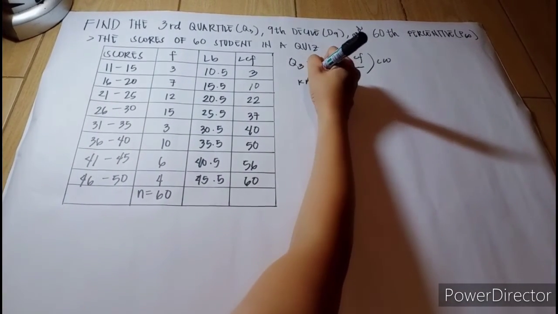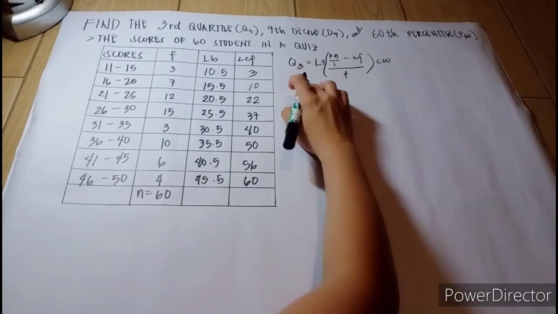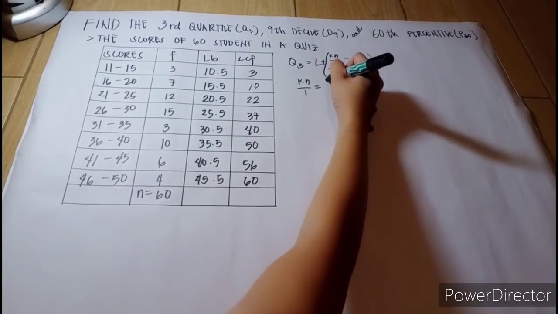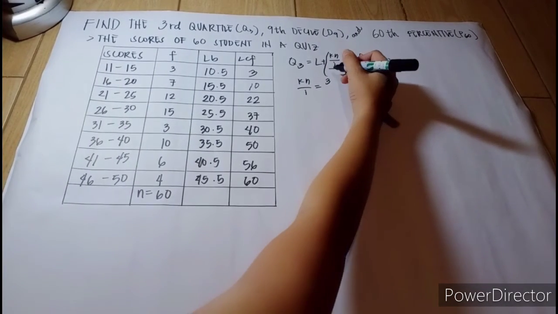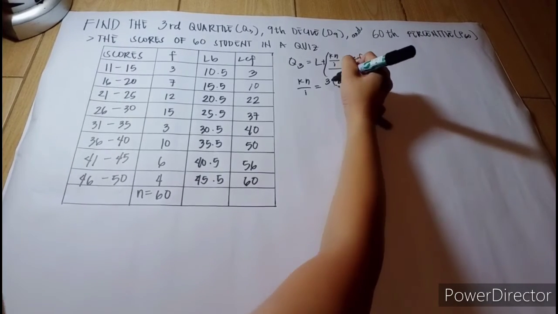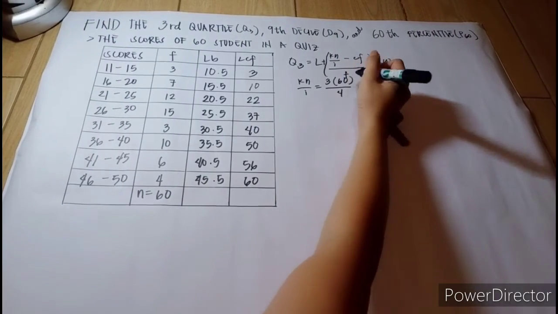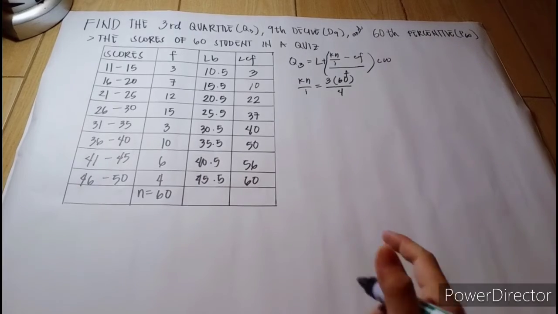So kN over 4 equals, so our k is 3 because that is the missing term that we need. Our N is 60 over 4. So 3 times 60 over 4, that is 45.